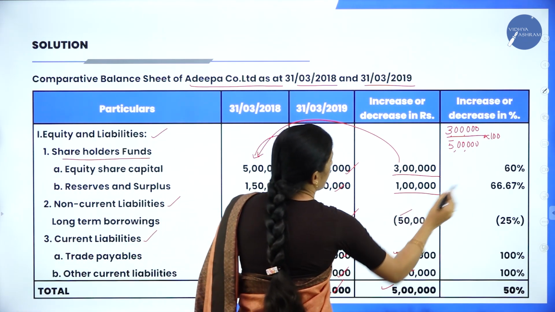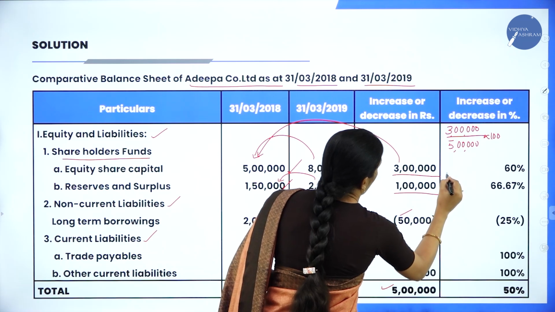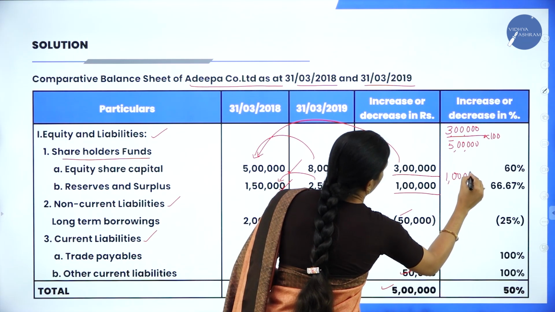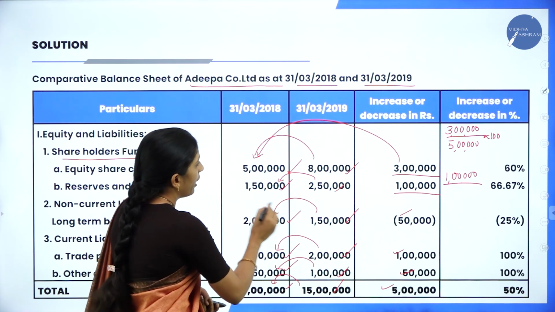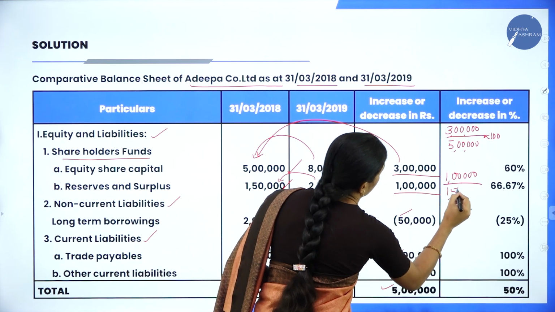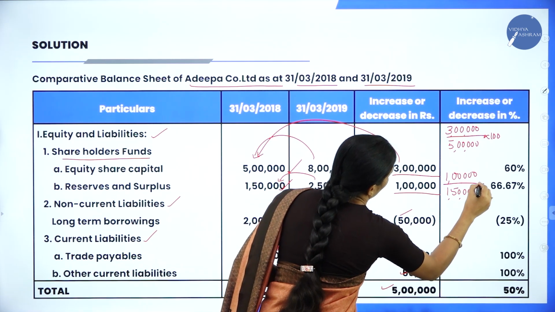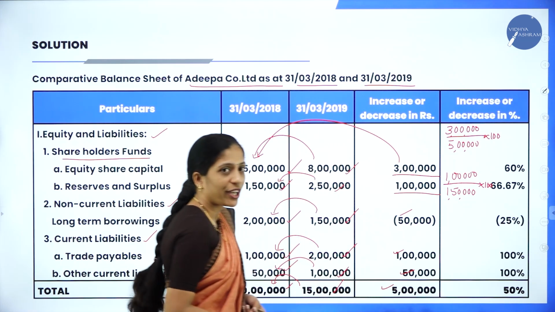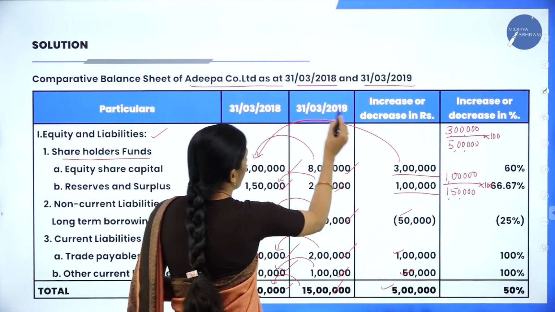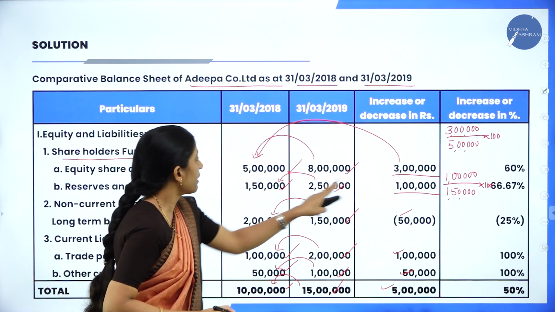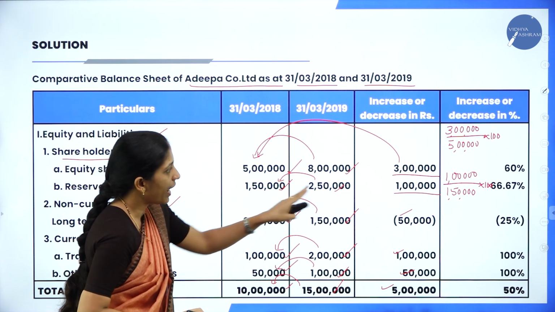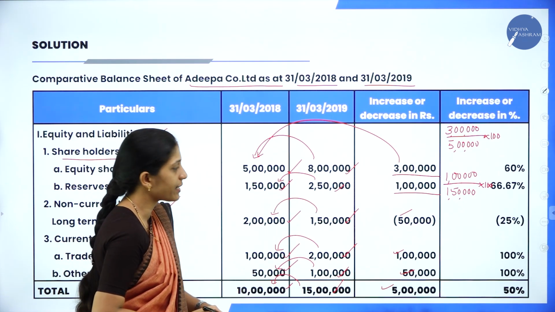Now, how to get 66.67? Here, 1 lakh divided by this column, 1 lakh 50,000, into 100. Hope you are clear? So you will go on dividing this one. 1 lakh divided by 1 lakh 50,000 into 100. So you will get 66.67.